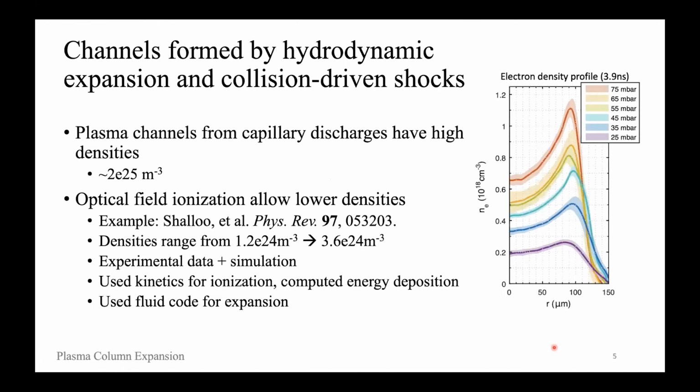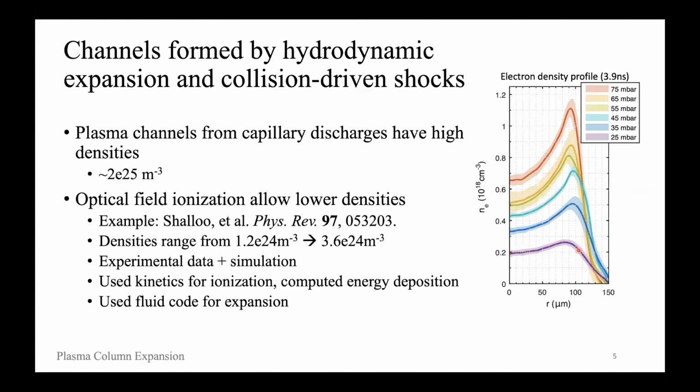And the usual method is optical field ionization. I have a plot on the right that I've borrowed from a 2019 paper by Chalou. And you can see for a range of densities, these plasma channels, after they've expanded for about 4 nanoseconds. You can see that low density center and those higher density edges. Of course, as the density range gets lower, this is about 10^24 per meter cubed, we start to lose that definition.